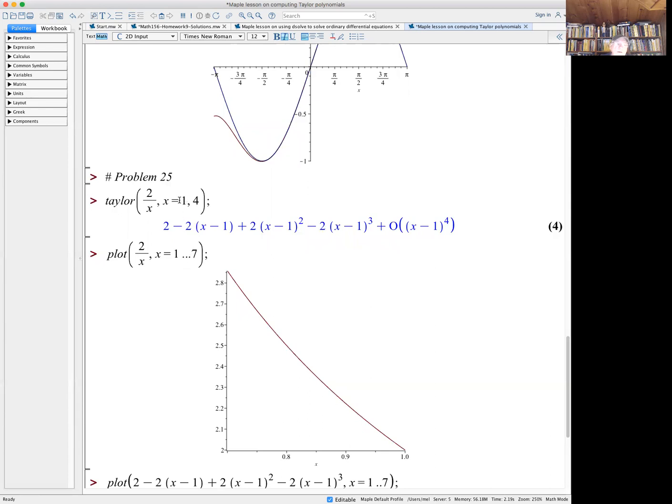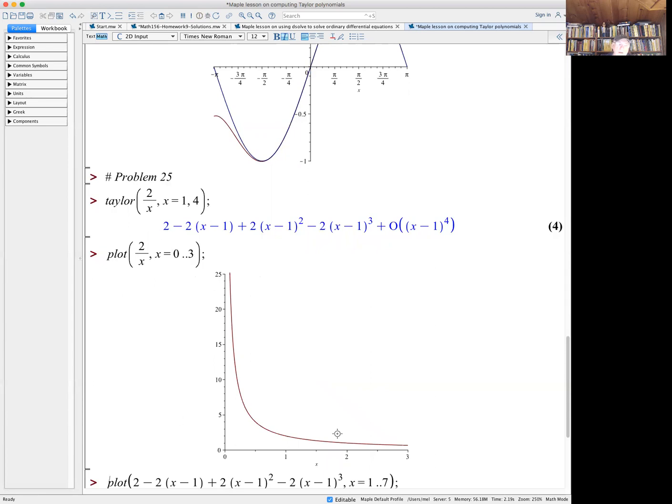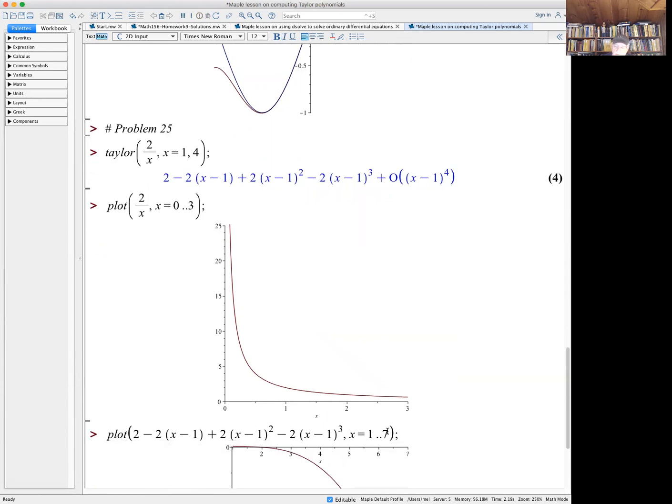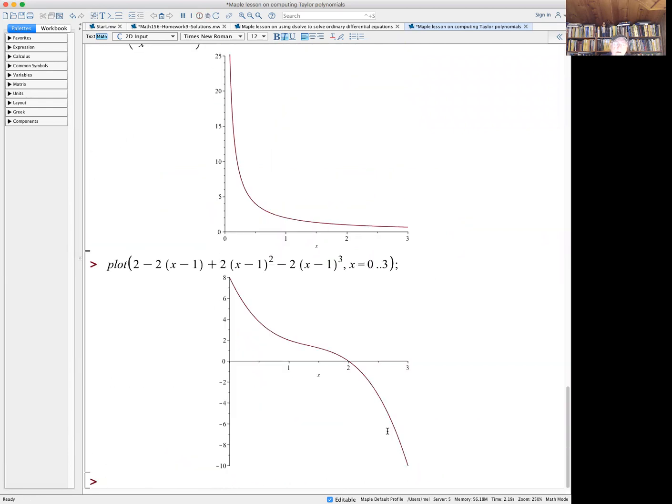Centered at 1 of degree 4. So maybe I should graph this from 0 to 3. Yeah, that's what it looks like. And let me graph this from 0 to 3. And how do they compare?